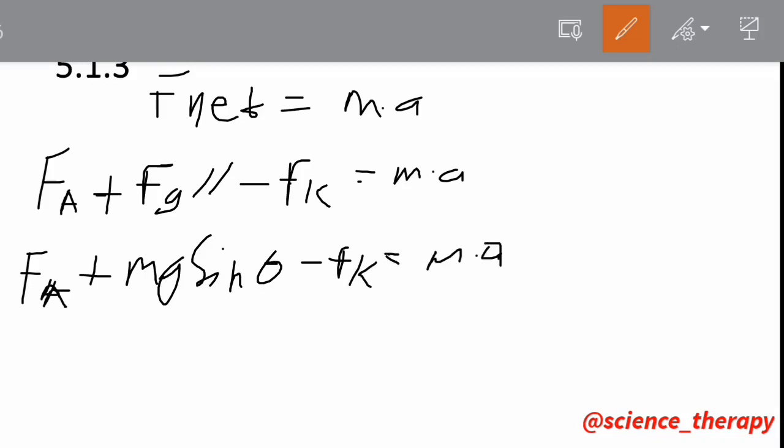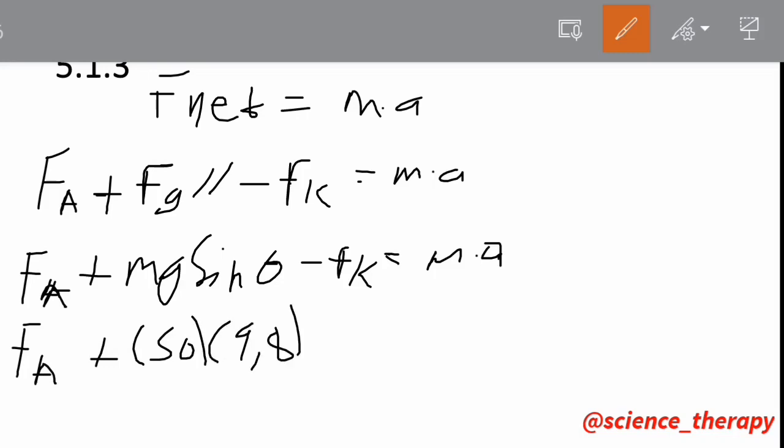At this point, since we've broken down our formulas, let's just substitute. We have our force applied. Then what's the mass here? The mass of the sled we've been given to be 50. Then g is 9.8. And then sine, what is our theta?